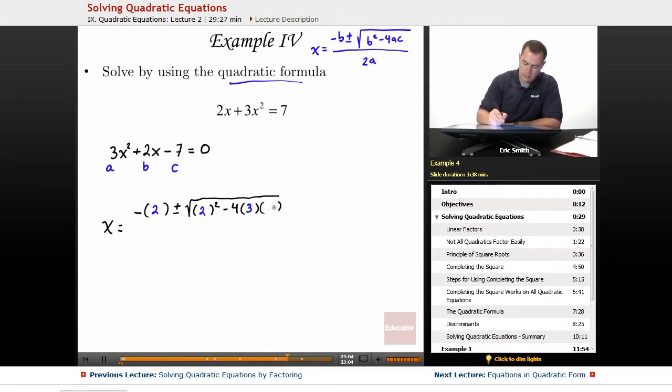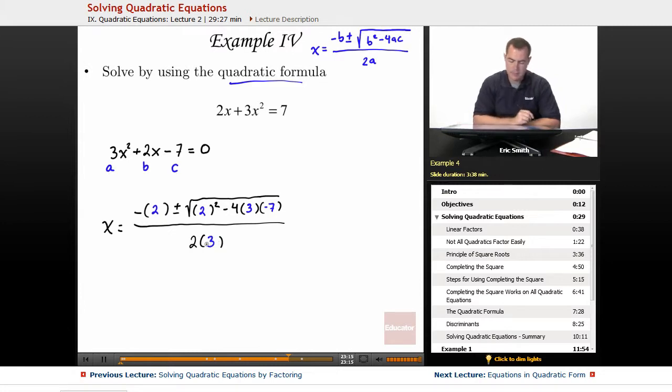So a and c. All over 2 times the value of a. So you can really see I've really just substituted the proper values into all of their spots. All right, now we have to go through and very carefully simplify this down.